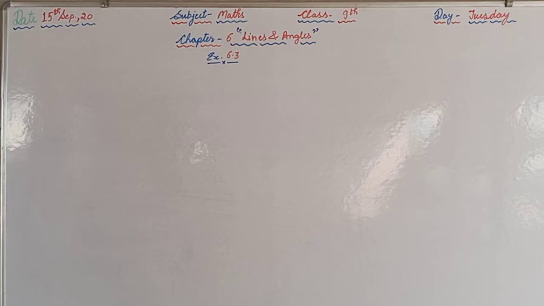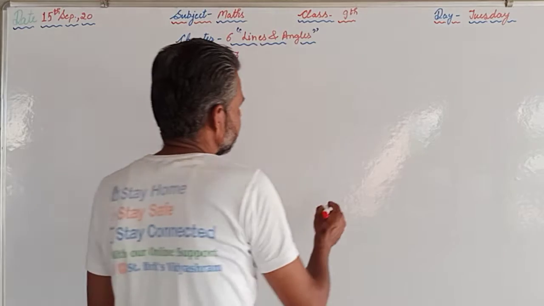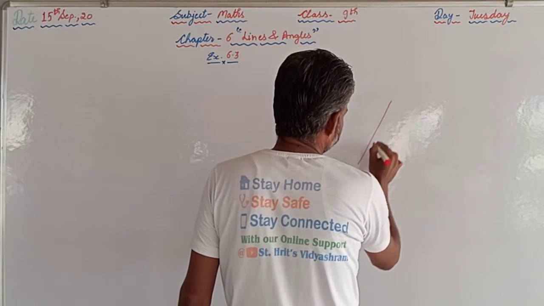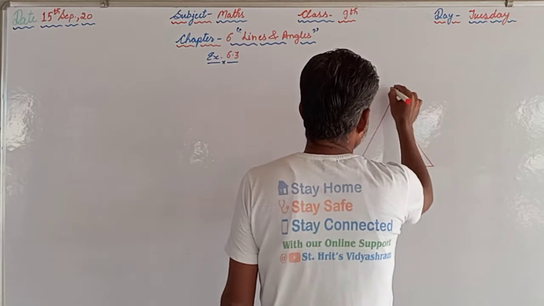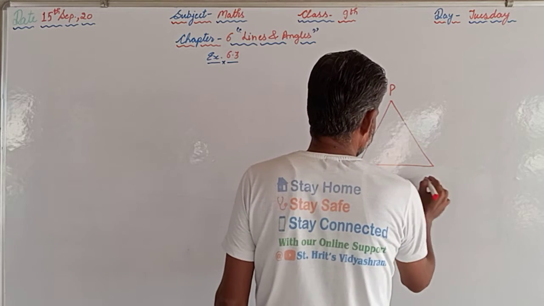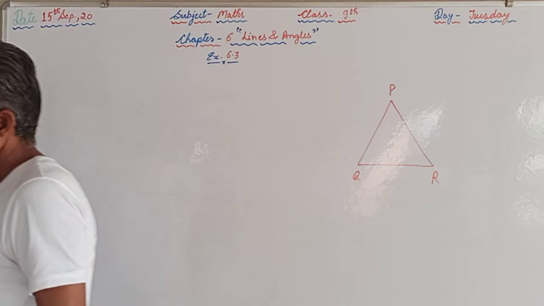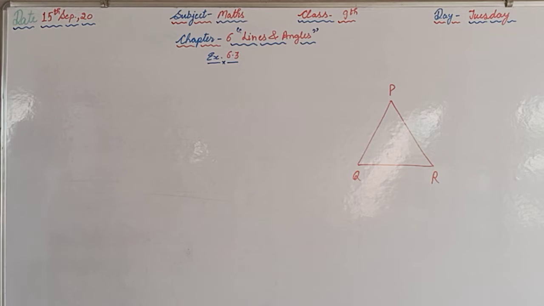First of all we should read question number 1. In this question the figure is given, one triangle is there, PQR. PQR is a triangle in which PS is produced and RQ is produced.